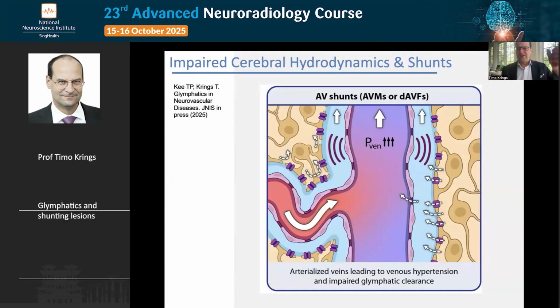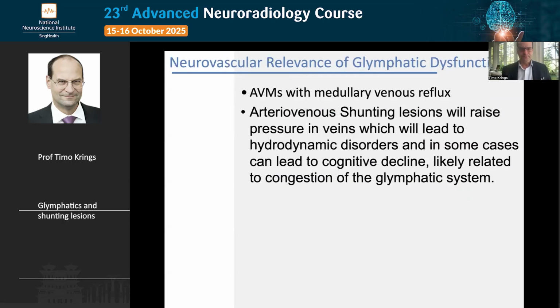And if you have pulsations in the arteries and pulsation in the veins, there's less of the convective flow happening, and therefore, in theory, less waste removal, less water removal, more congestion within the brain parenchyma.